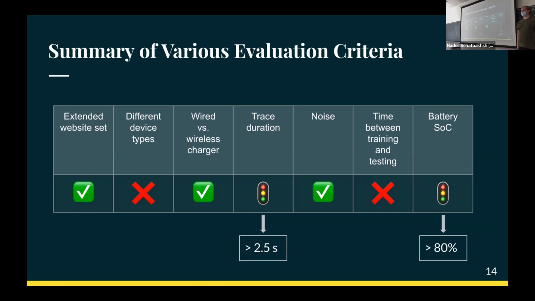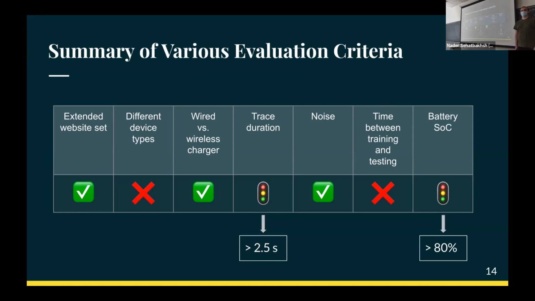If you shorten that to about 6 or 8 seconds, the accuracy does drop, but it still works pretty well. But if you keep shortening it to a threshold of maybe 2.5 seconds, the classifier won't really work, because that's the time the website takes to load. If we fall below that, we're not going to catch much of the characteristics.